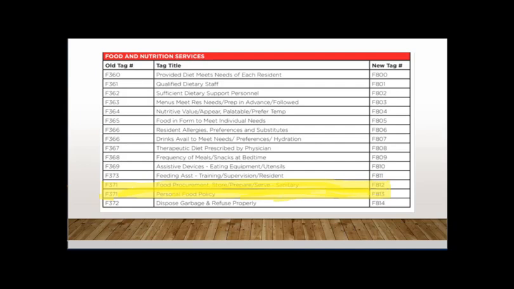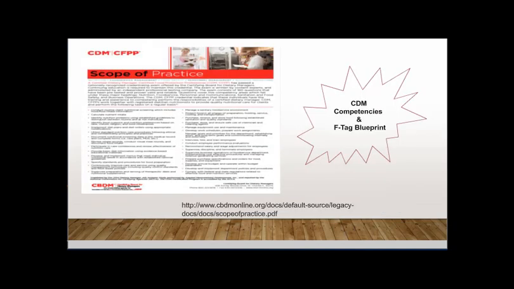So be aware, that's probably the one that we have the most challenge with as CDMs, and that's the one the surveyors seem to target us on. Those are 2 huge areas for us to be prepared and be up to date on all our policies and understand how we perform the task to meet the regulation.